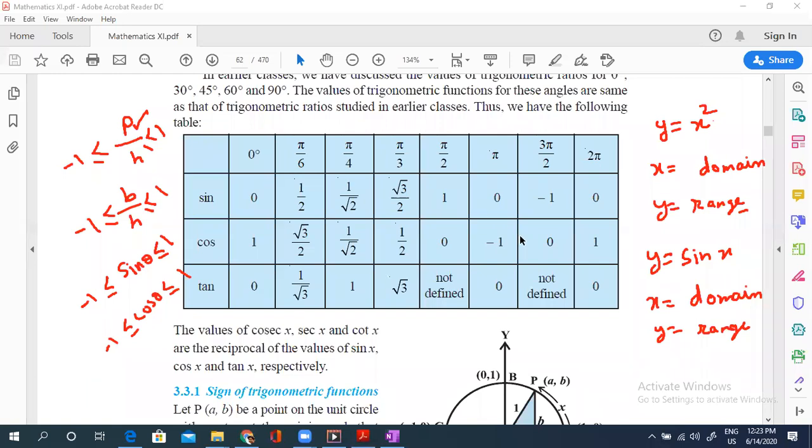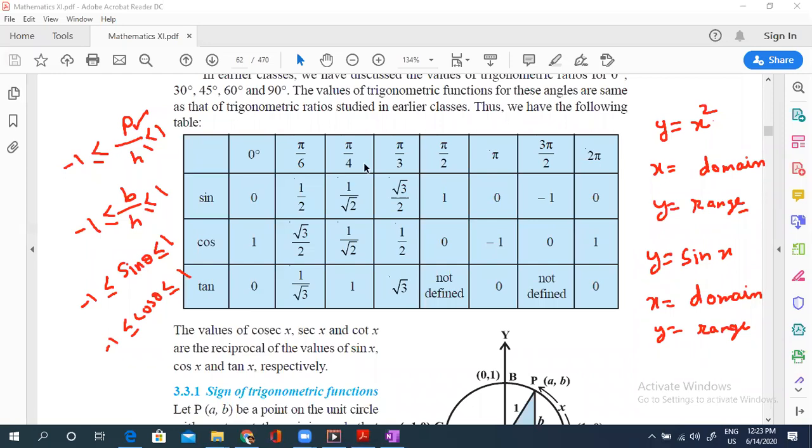Okay. See, x is just a variable, right? Actually x is the angle. You can put any angle. 240, 560, minus 3, minus 380. Put anything, right? Any angle.